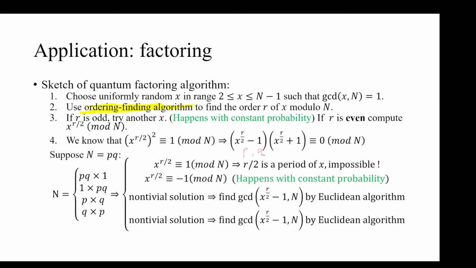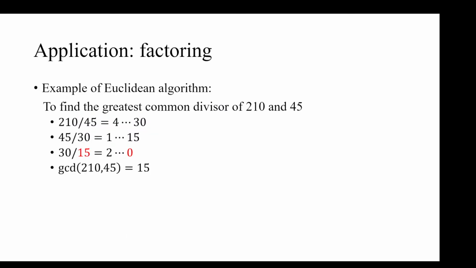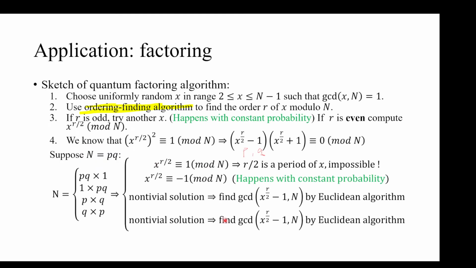And so if this thing is a multiple of p mod n, then you just need to find the greatest common divisor between x to the power r/2 minus 1 and n, and you will find either p or q. That's the idea of our factoring algorithm.